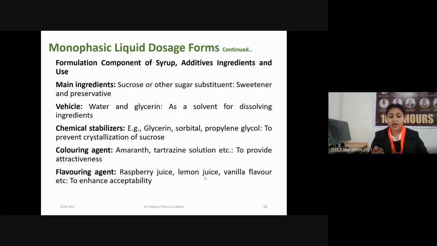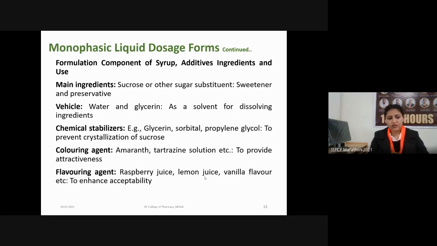In syrups, sometimes we also need chemical stabilizers. Chemical stabilizers help to prevent the crystallization of the sucrose. As we have discussed, if there is a change in the temperature, if we keep the syrups at a lower temperature or because of any environmental condition, there are chances that the sucrose can get crystallized, and we don't want that.